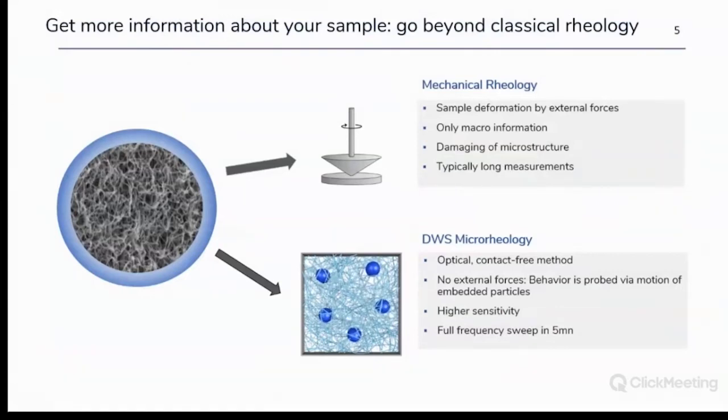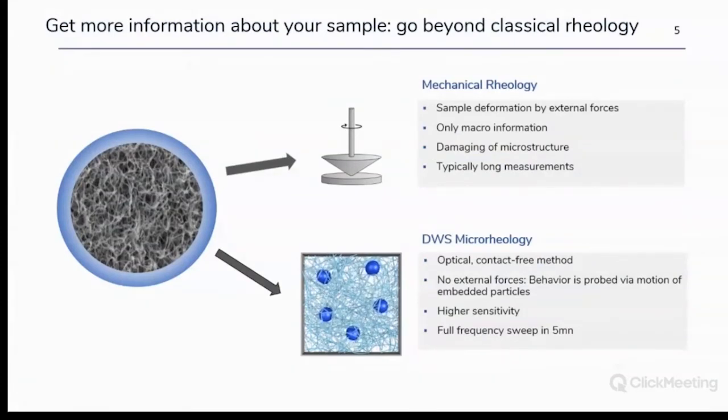This gives the technique a very high sensitivity, and it also avoids the risk of destroying the sample. Another great feature of the DWS microrheology technique is that normally a full signal can be acquired in as little as 1 minute, and 5 minutes at maximum. So each measurement is very fast.